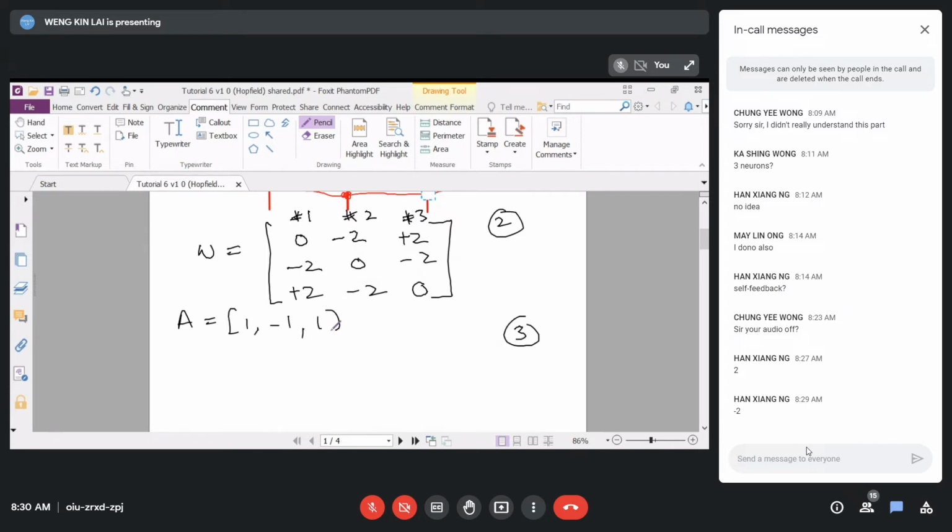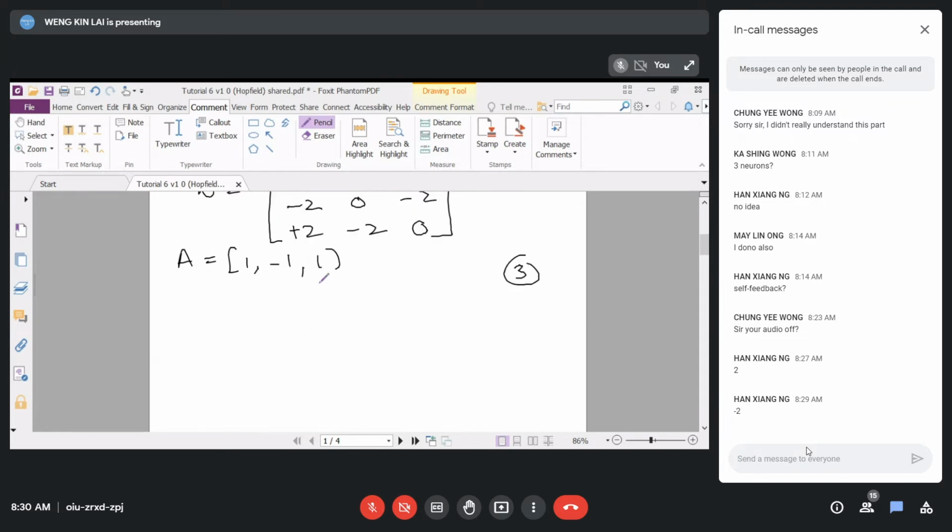Now, I can't remember whether the equation is given. So your new output, let's call it Q, will be, I think this is I, this is J, this is N. What else?